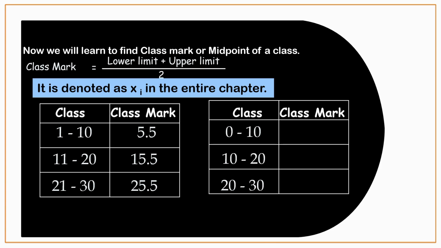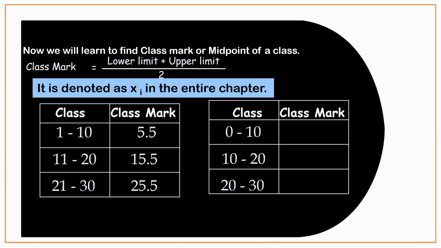Now similarly, if it is 0 to 10, take a look here. The first one we did was a discontinuous class, because 1 to 10, then 11 to 20. So there is a gap between the next class interval. Now let us take a look at the next class interval. In this case, it is a continuous class, right?